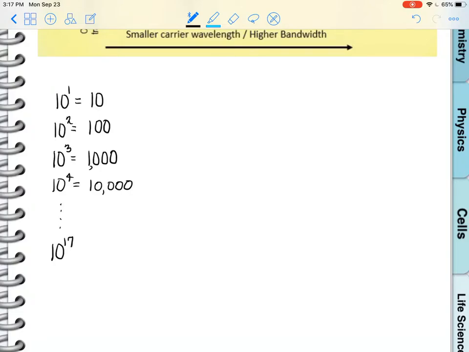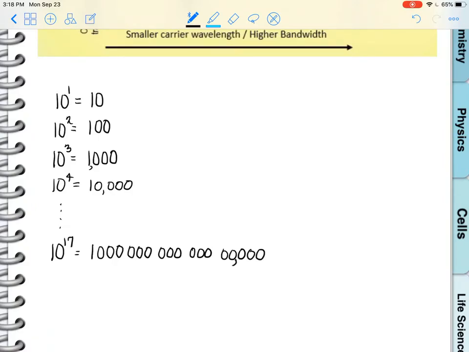10 to the 17th. I need 17 zeros. 1, 2, 3, 4, 5, 6, 7, 8, 9, 10, 11, 12, 13, 14, 15, 16, 17, 18. I've gone one too many. So I need to back off here.